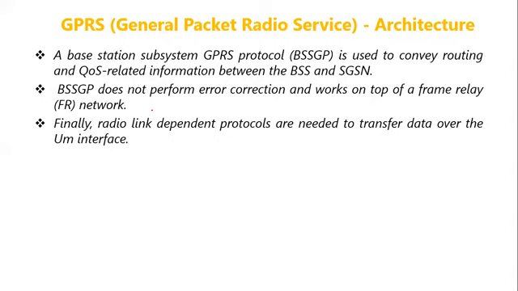Okay. So the Base Station Subsystem GPRS Protocol, which is called BSSGP, is used to convey routing and QoS related information between BSS and SGSN.